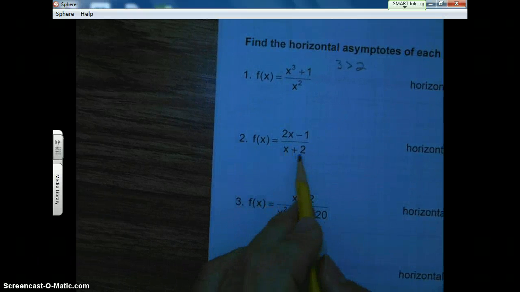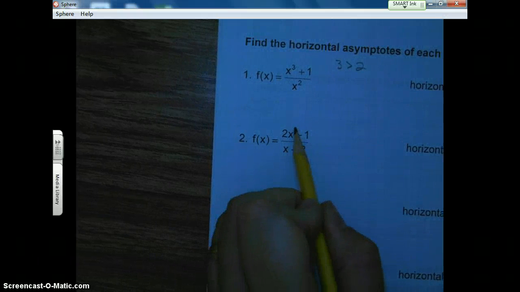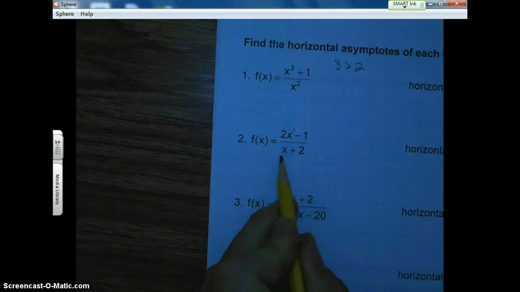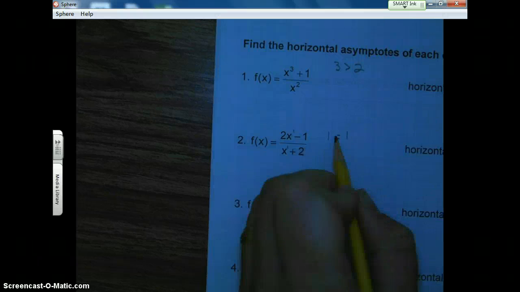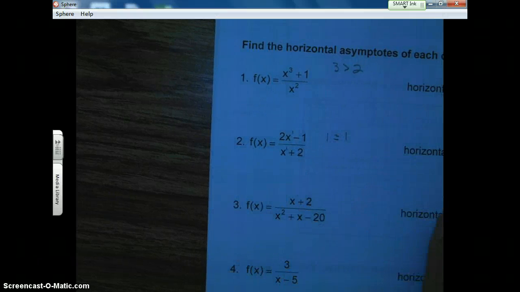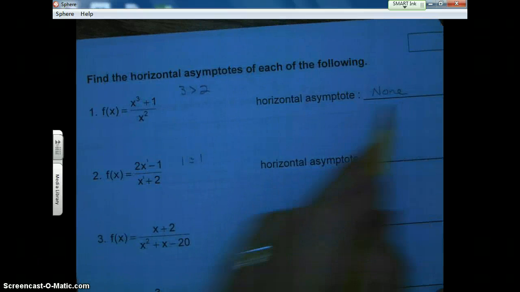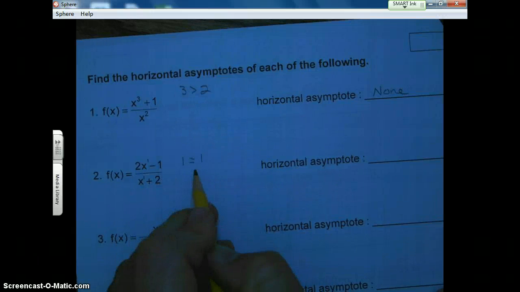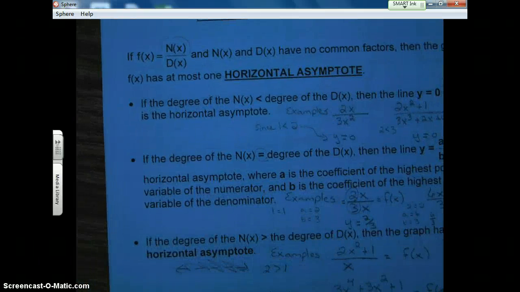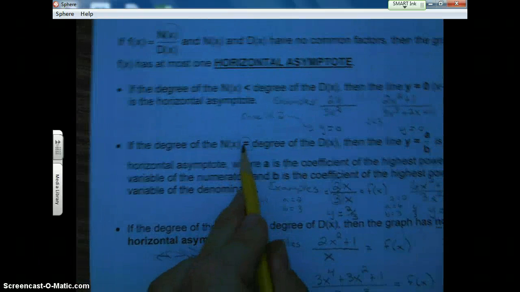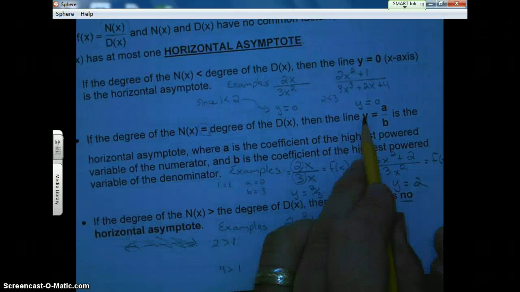Okay, next one. The degree is 1. The degree, 1. Okay, 1 equals 1. Well, it's not none, because that would be a greater than. Equal. I forgot. Okay, equal. Oh, yeah, I remember.